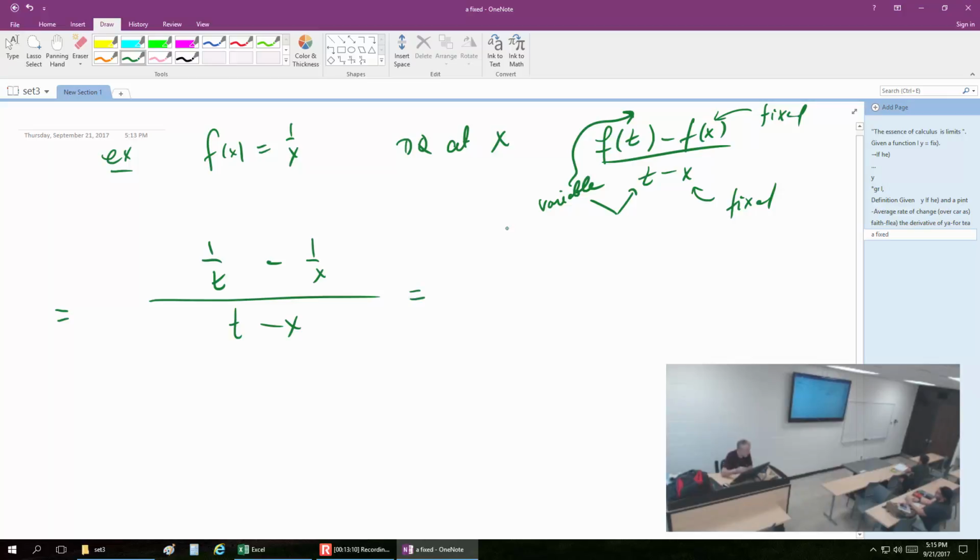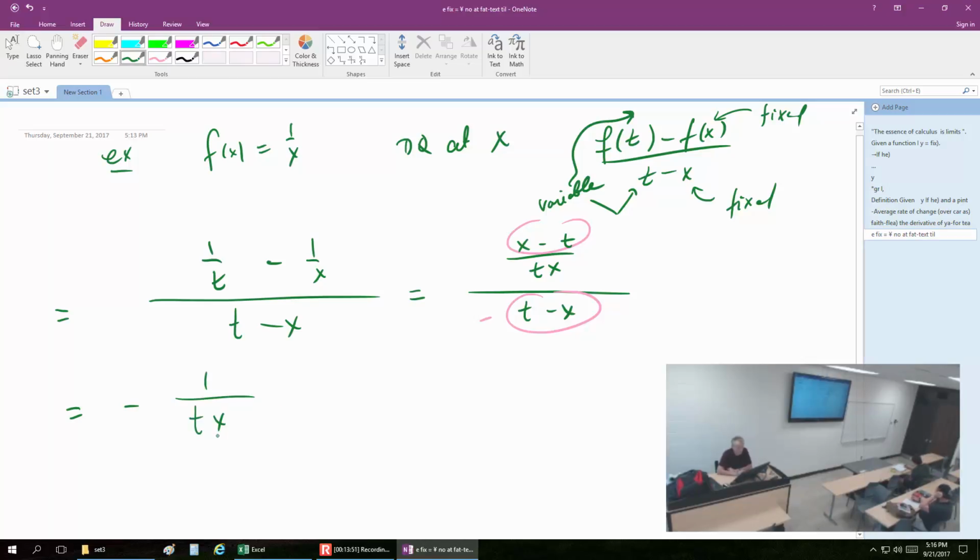We do common denominators, so in the numerator it will be x minus t over tx, divided by t minus x. Remember what we did last time to simplify. These two are the same up to a sign, so I end up with negative 1 over tx.